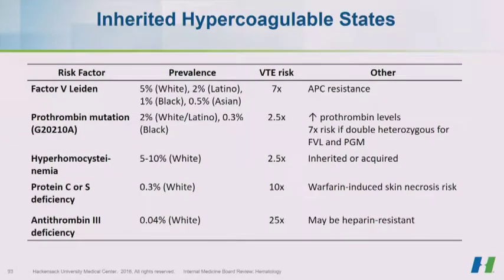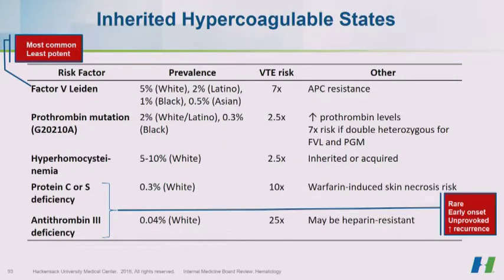There's a number of inherited conditions listed here on the slide. The most common but least potent is actually factor V Leiden. Then you have prothrombin mutations, hyperhomocystinemia. On the other end of the spectrum, protein C or S deficiency or antithrombin 3 deficiency are the least common, but the most severe type of clotting disorders.